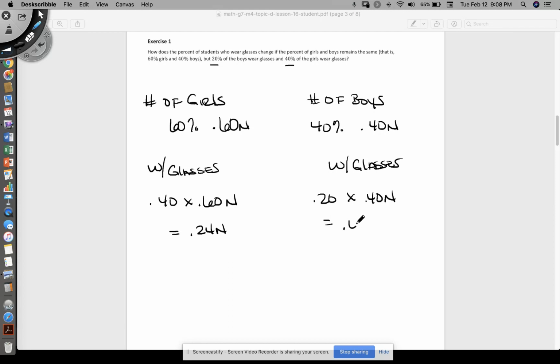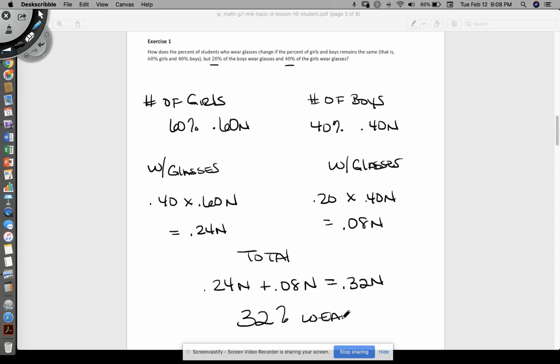That's going to give me 0.08n. So our total, we add those two together, 0.24n plus 0.08n. When you add those up, you get 0.32n. What is that percentage? That is 32% wear glasses.